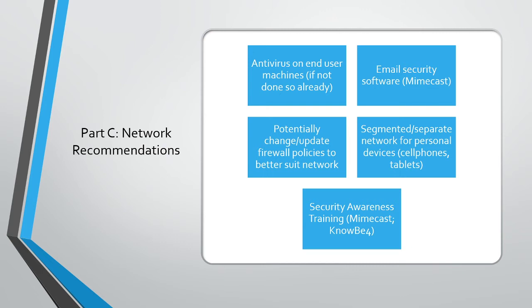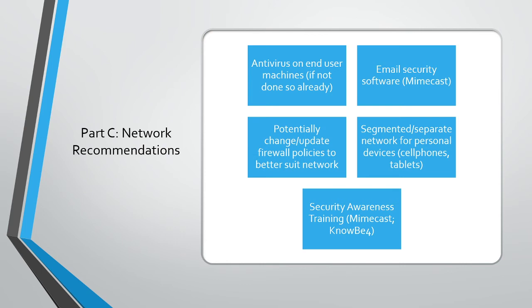Essentially it blocks any spam that comes in, or gives you the ability to track any email that comes to or from your end users. It can mitigate some of the phishing emails that come in. You could also update firewall policies to better suit the network. If something changes in your network, more than likely you're going to have to change the policy as well to ensure that your firewalls are doing their job.